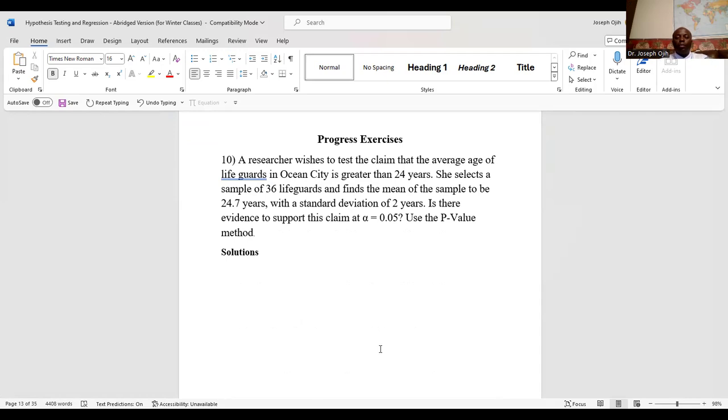She selects a sample of 36 lifeguards and finds that the mean of the sample is 24.7 years with a standard deviation of 2 years. Is there evidence to support the claim at alpha 0.05? Use the p-value method. Again, we'll start by stating our hypotheses H0 and H1.